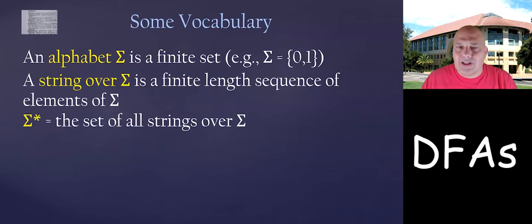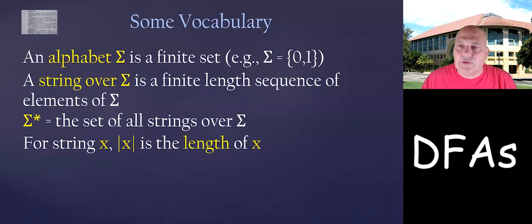This is represented by sigma star, the set of all strings over sigma. I should add that this includes the empty string, the string that contains 0 elements from sigma, so 0 alphabet symbols. So this is all the strings of length 0 or larger over this alphabet.